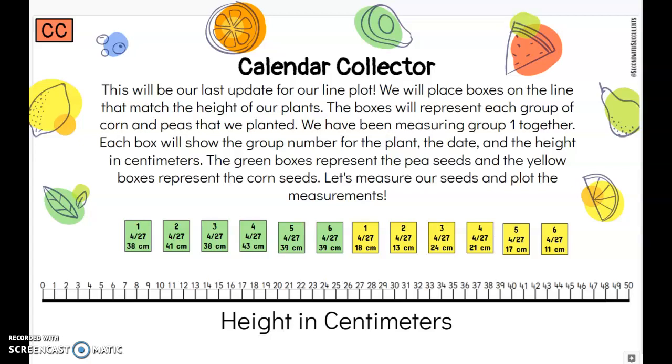We have been measuring group 1 together. Each box will show the group number for the plant, the date, and the height in centimeters. The green boxes represent the pea seeds, and the yellow boxes represent the corn seeds. Let's plot those measurements.